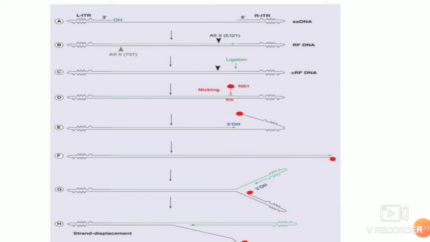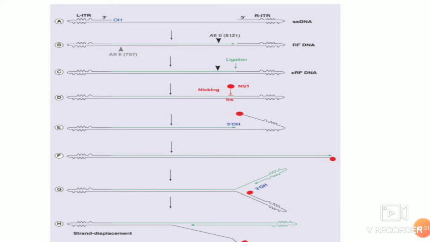The elongated viral genome, that is both the replicative form and the double replicative intermediate, are resolved by NS1 nicking and release of single stranded DNA that is finally packaged into the capsid.